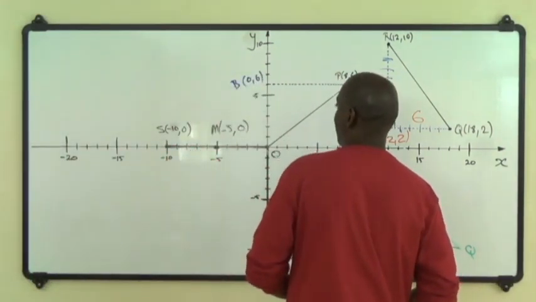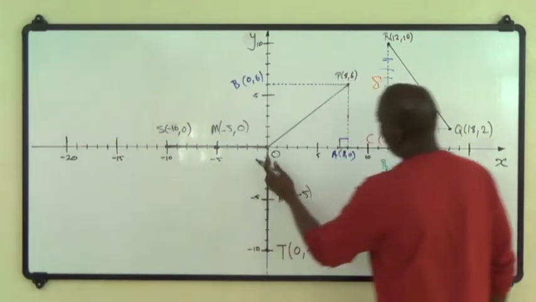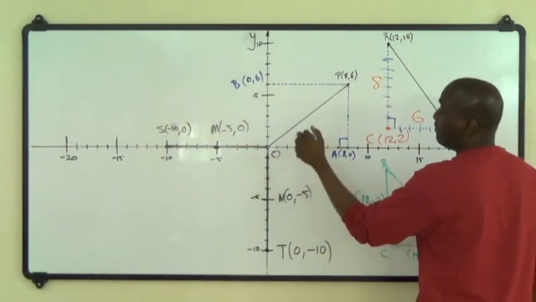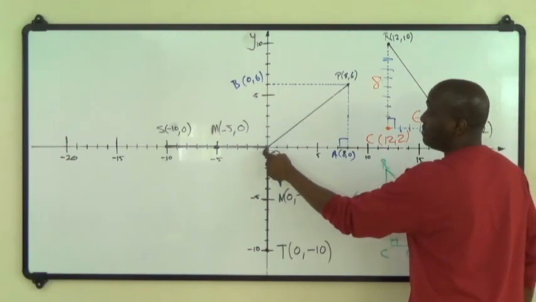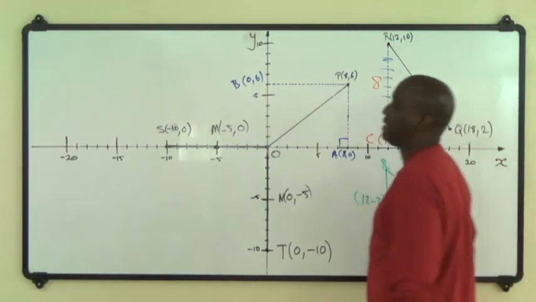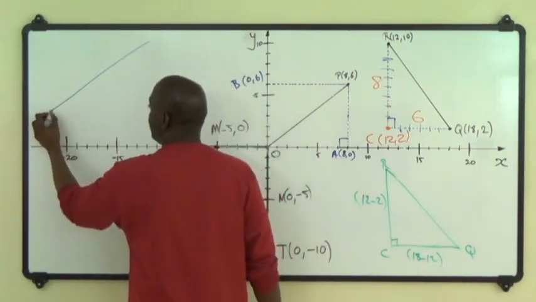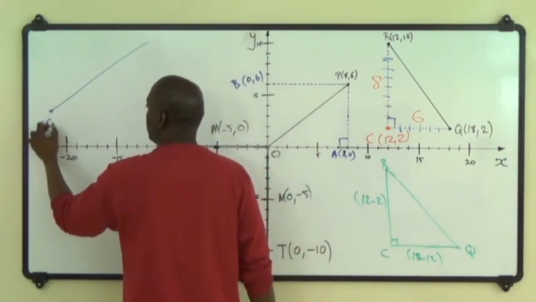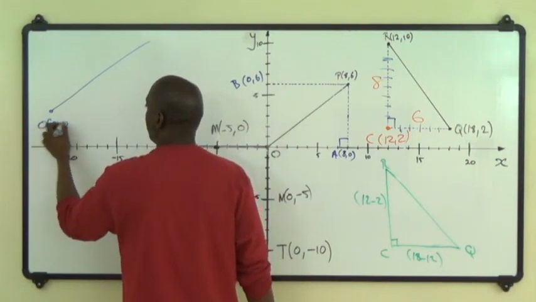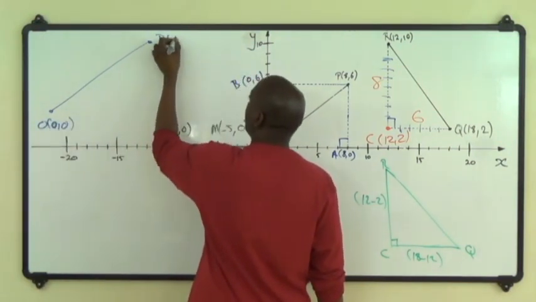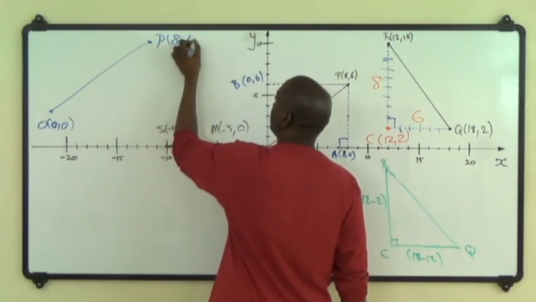What you actually have here is a diagonal line segment, defined by the origin O, 0, 0 and the point P, 8, 6. So we draw a line here. This is the origin O, 0, 0. And this is the point P, 8, 6.